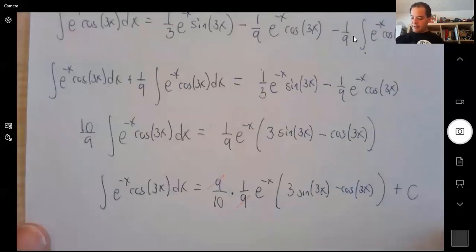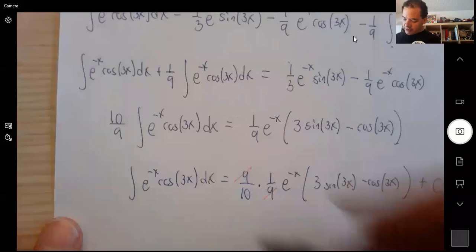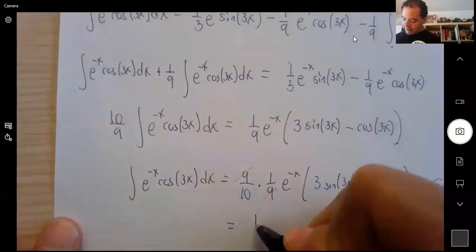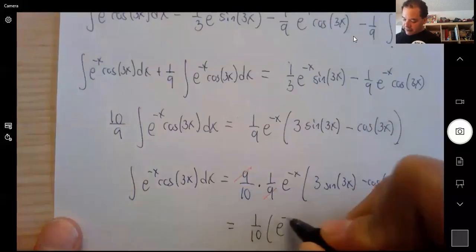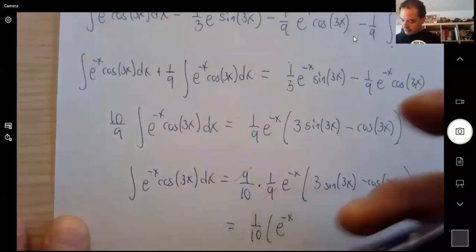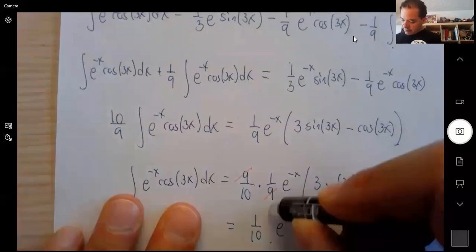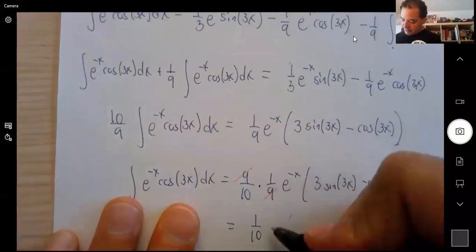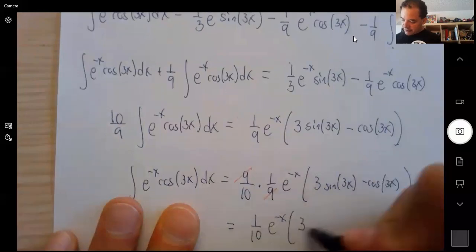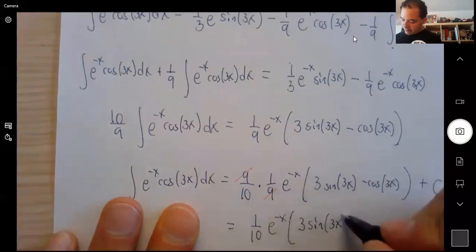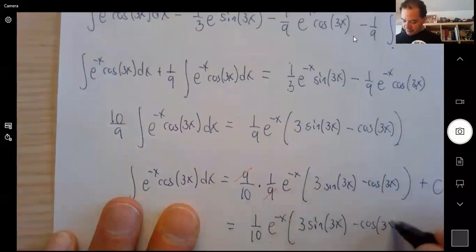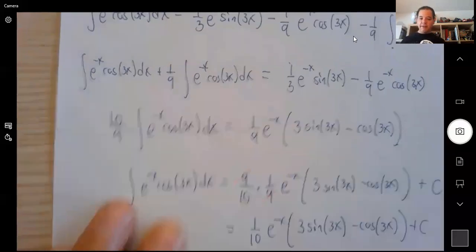So we can even cancel that 9 if you want to or not. So the answer is 1/10 e to the negative x. Write it like this: 1/10 e to the negative x times 3 sine 3x minus cosine 3x. Let's see. All right.